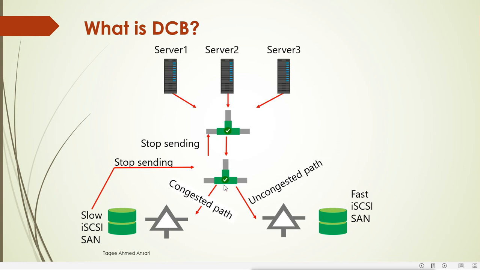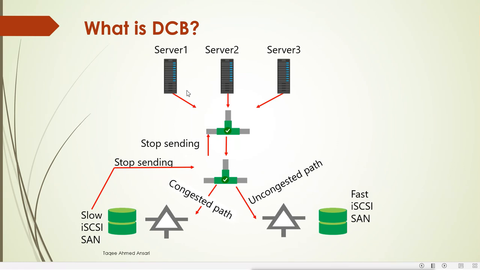Now it manages the path congestion, like where it can go and where it can find the right iSCSI. Now these two servers are there, and this one is a congested path. The path is very busy, and this one is not that busy. It is an uncongested path.